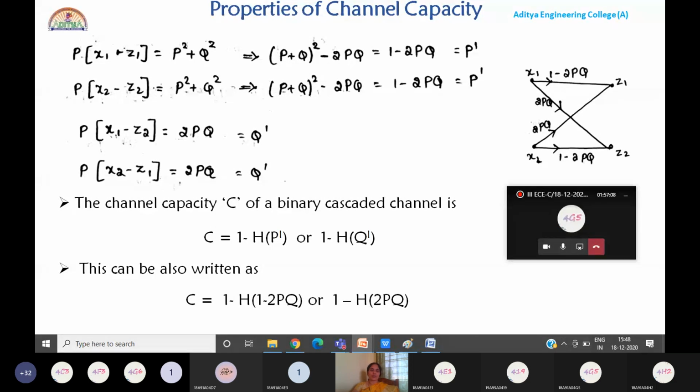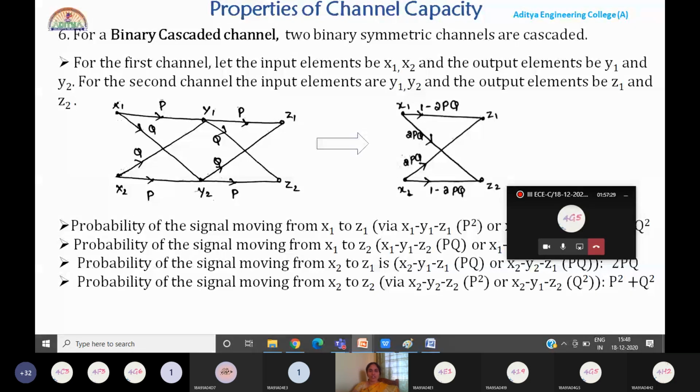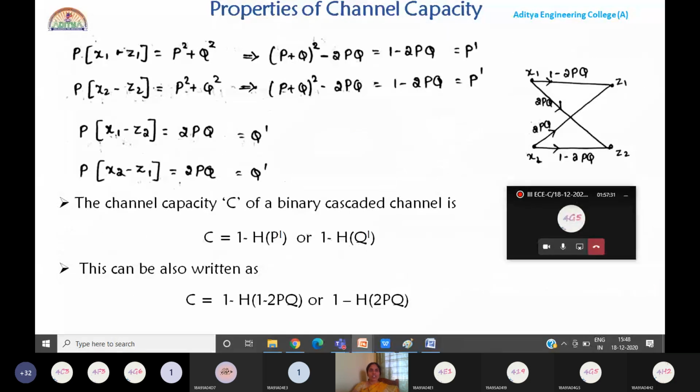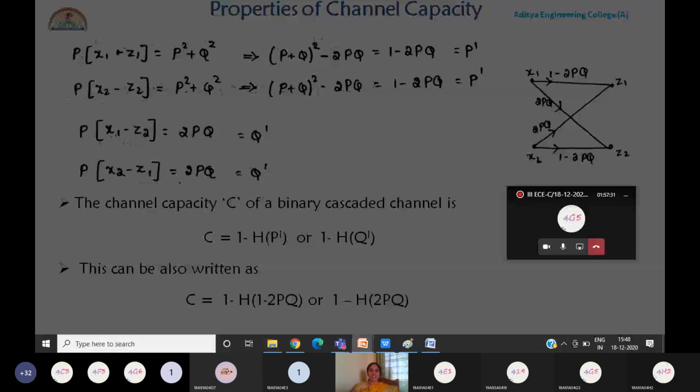So we represented it as 1 minus the corresponding entropy h of p or h of q. But here, instead of p, we have p dash, where p dash is 1 minus 2pq. So directly I represented C as 1 minus h of p dash or 1 minus h of q dash. This is how we evaluated the capacity of a binary cascaded channel.